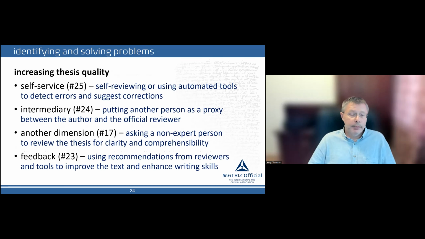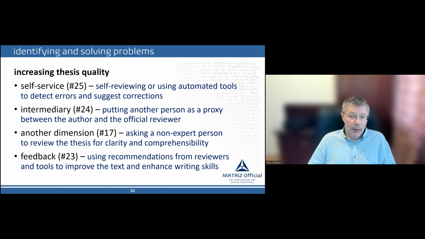Thesis quality may be increased by self-reviewing or using automated document checkers, or by asking another person to read the text and provide feedback. Self-reviewing seems the easiest to perform, but it is often ineffective for at least two reasons.